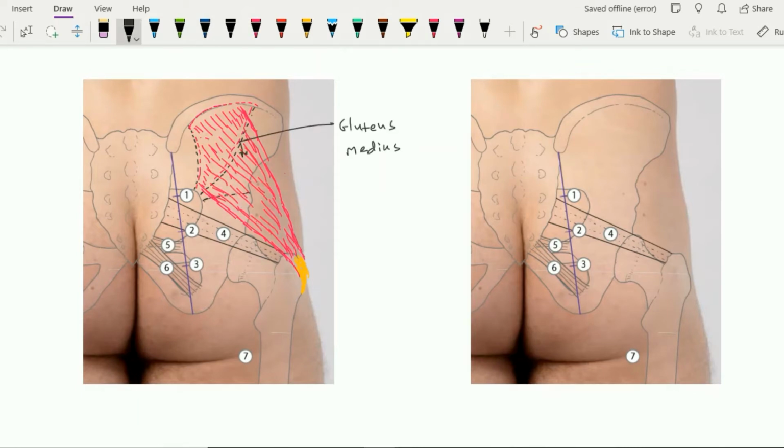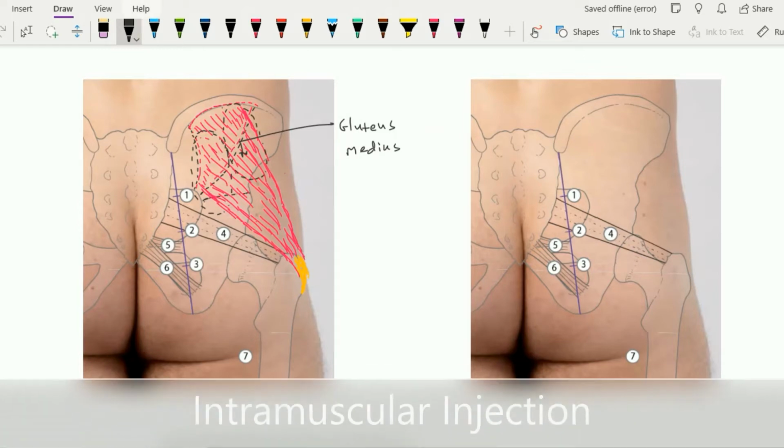The posterior part of this gluteus medius muscle is overlapped by the gluteus maximus muscle, while the anterior part of this gluteus medius muscle is covered by the gluteal aponeurosis.